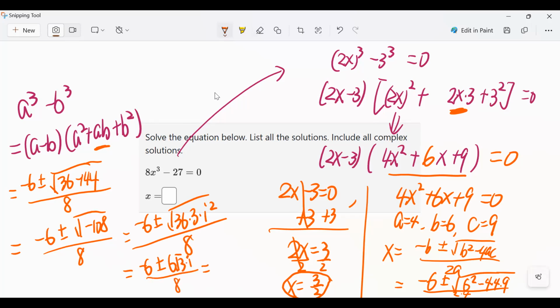And reduce it. Divide every number by 2, minus 3 plus or minus 3 radical 3i over 4. So 3 solutions: one real solution, 3 over 2, and a couple of complex solutions, minus 3 plus or minus 3 radical 3i over 4.